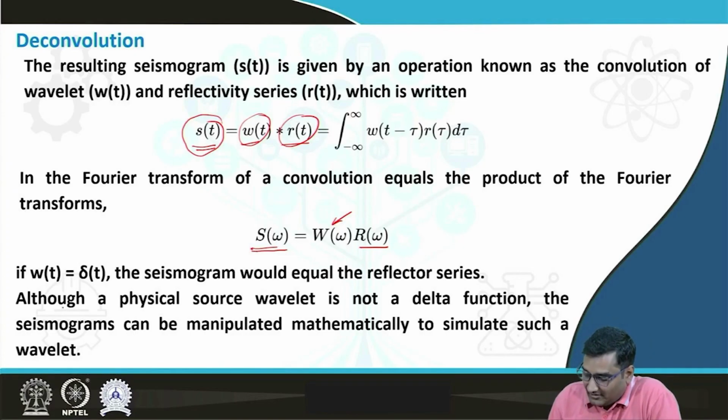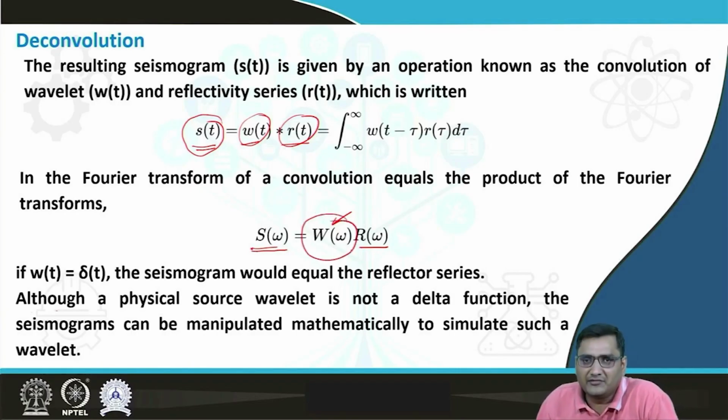But in a real earth situation, the physical source is not a delta function. The seismogram can be manipulated mathematically to simulate such a wavelet. So this value will not be a Dirac delta function, but we want to make it one.